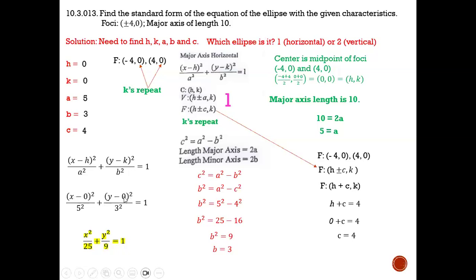Same for y. Y minus 0 is just y, so I have y squared. On the bottom, 5 squared is 25, and 3 squared is 9. It all equals 1. So for this one, I found the equation for the ellipse. I found my H, K, A, B, C values using the formulas, plugging values in where I could. And then get the equation at the end, okay?